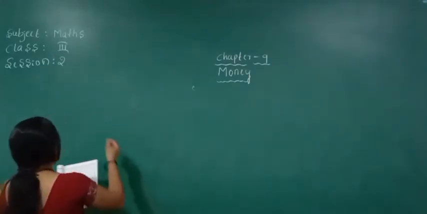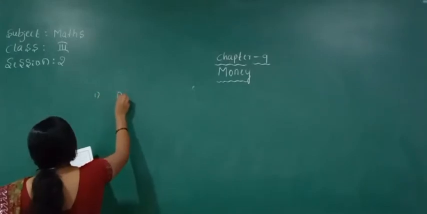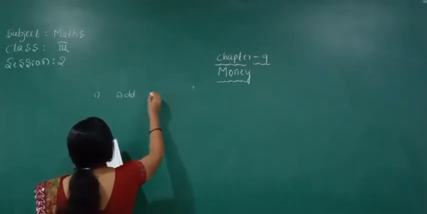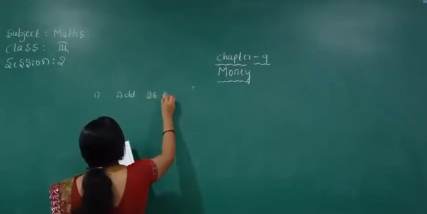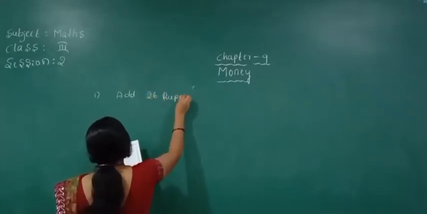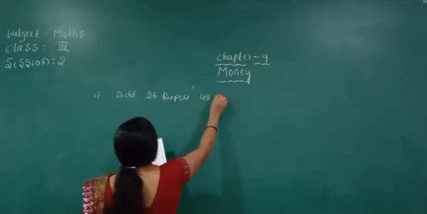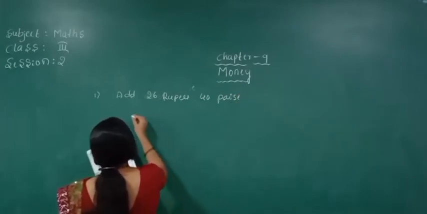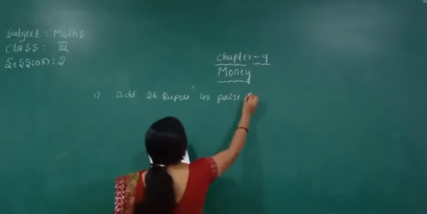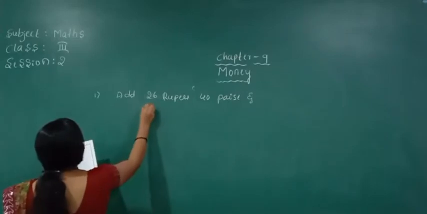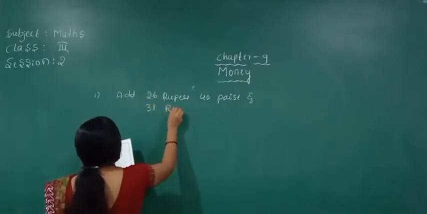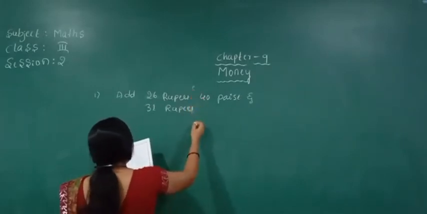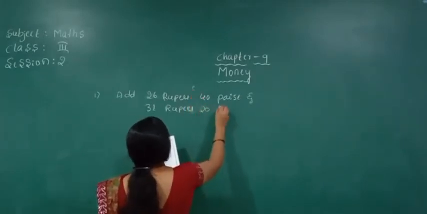First example: add 26 rupees 40 paise and 31 rupees 20 paise.